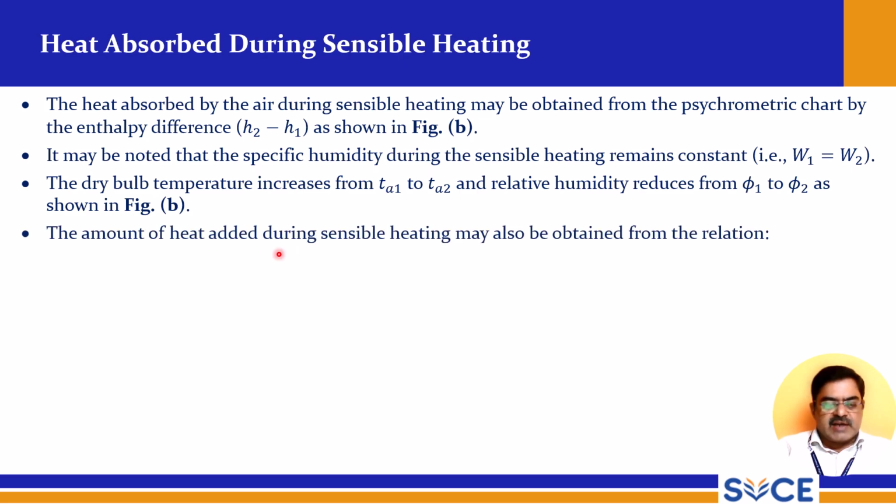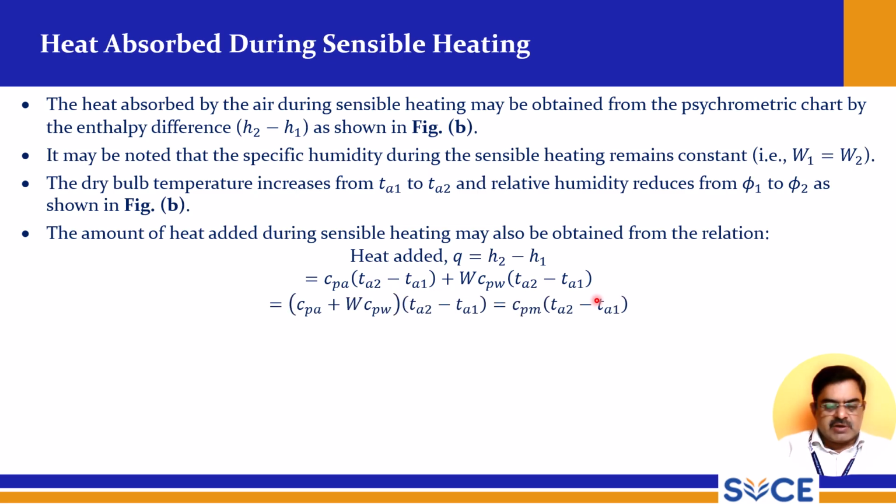The amount of heat added during sensible heating may also be obtained from the relation. So this is the heat added, Q equals H2 minus H1, the enthalpy of point 2 minus the enthalpy of point 1, equals CPa into (Ta2 minus Ta1) plus W CPw into (Ta2 minus Ta1).